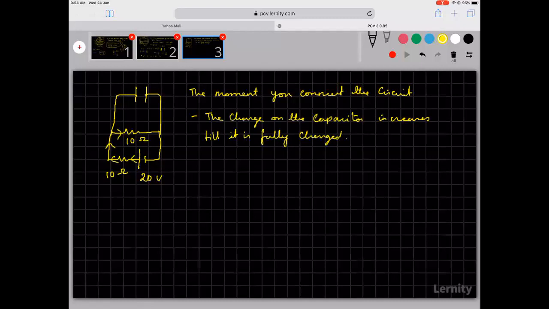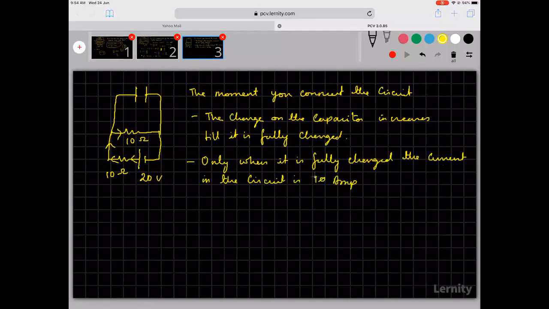So only when it is fully charged, the current in the circuit is 1 ampere. Okay, only when it is fully charged, the current is 1 ampere.